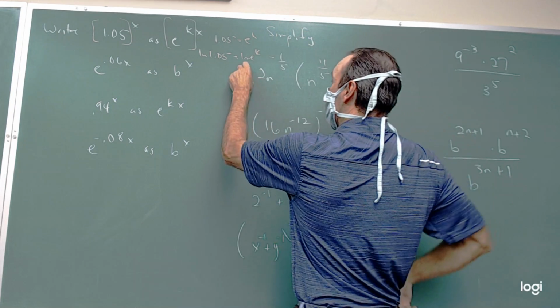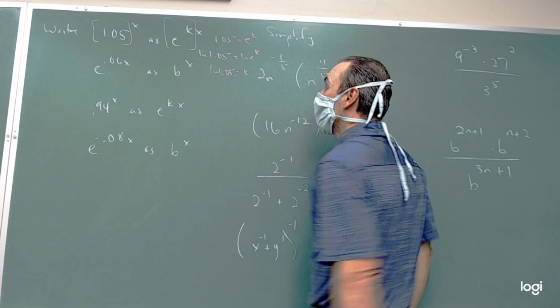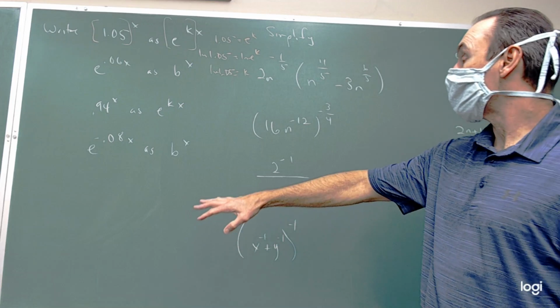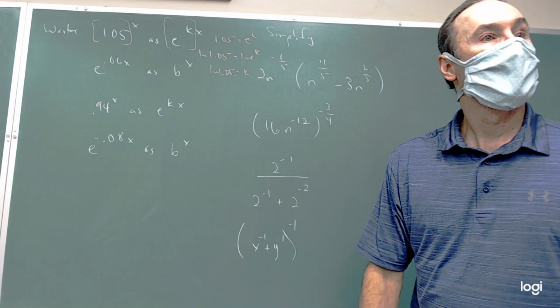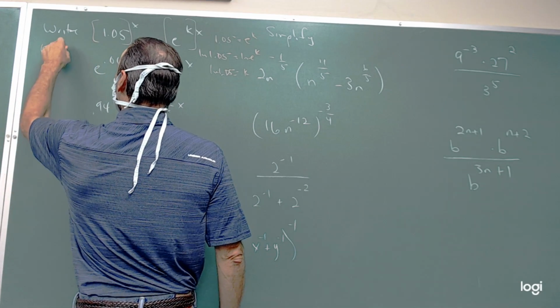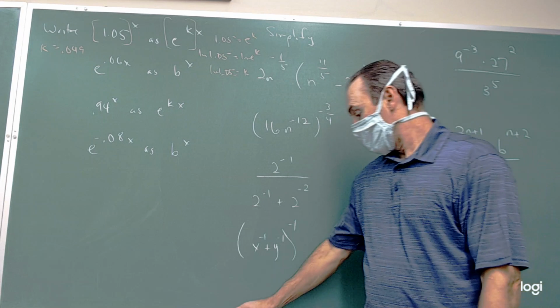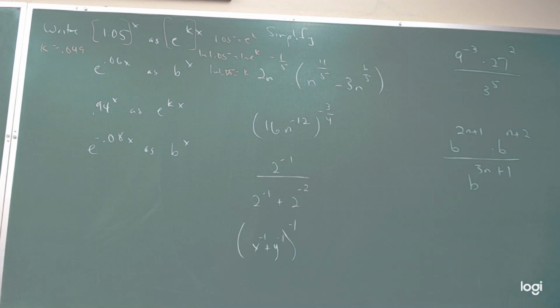Therefore, they're just going to cancel. And so we will enter into our calculator the natural log of 1.05, and it looks like we're getting k to be 0.049.